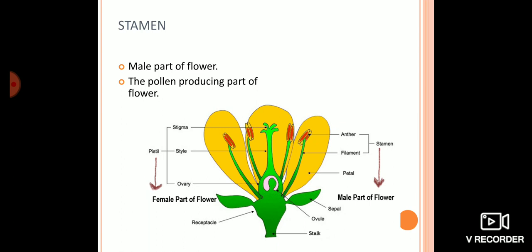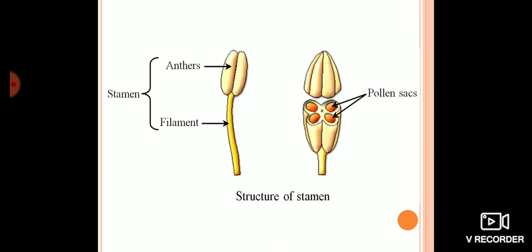First we will see the male reproductive part, that is stamen. It is also called the pollen producing part of the flower. And the stamen consists of two parts called anther and filament.